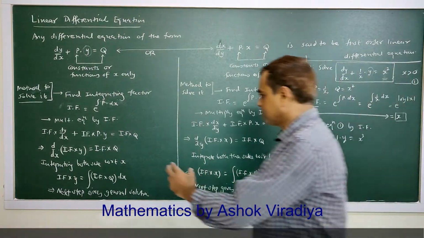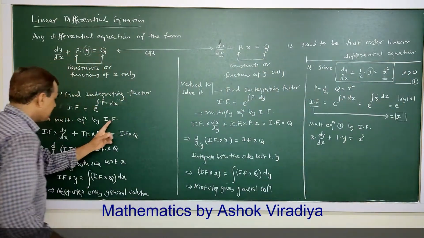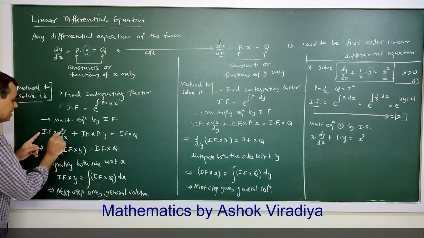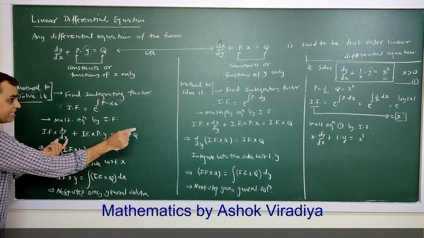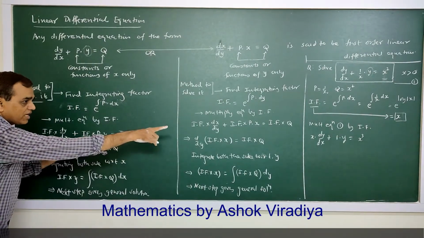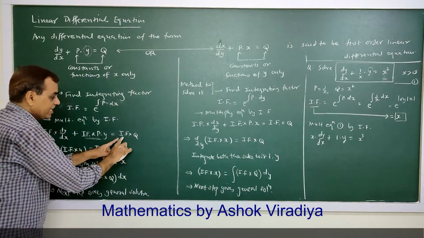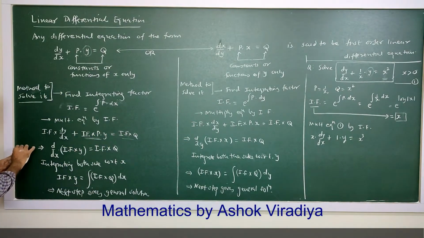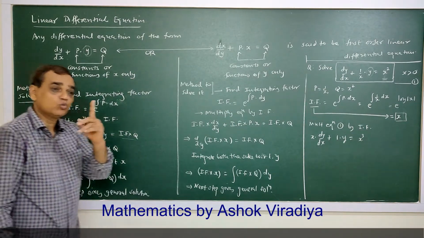So this is done. The equation is multiplied by the integrating factor. So I have written this step. Integrating factor into dy by dx plus integrating factor into p, it is 1, equal to integrating factor into q, it is x cube.